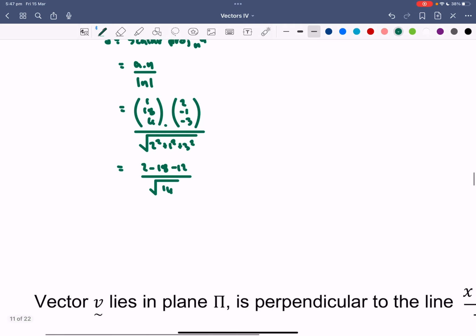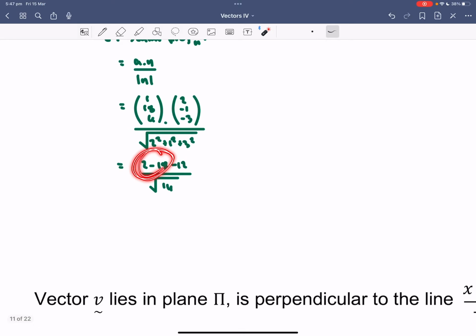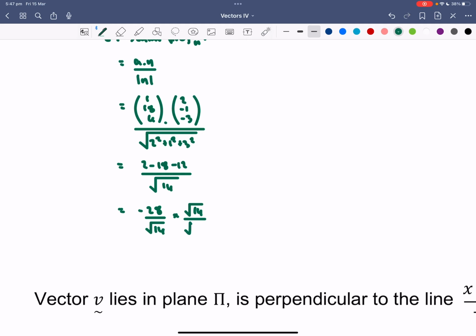What does the top become? 2 take 18 is minus 16. Minus 16 take 12 is minus 28. Like I said, if you get a negative number, we just drop the sign to find the minimum distance. And to rationalize it, we just multiply the top and bottom by root 14. Then 28 over 14 is 2, so we get left with minus 2 root 14.